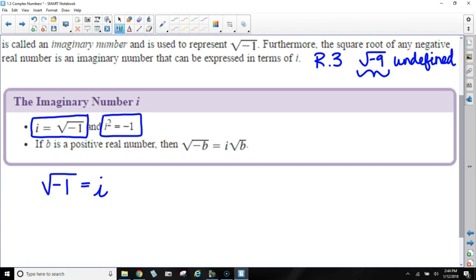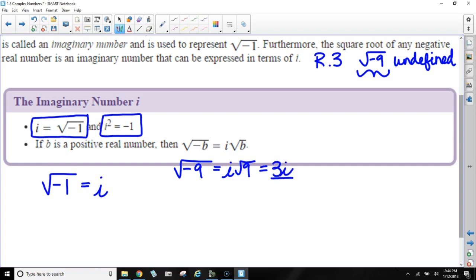Now, how we're going to simplify things such as the square root of negative b, or the square root of negative 9, for example, that goes into i times the square root of b. Here's how we would look at the square root of negative 9. This says that it's going to be i times the square root of 9, or 3i.